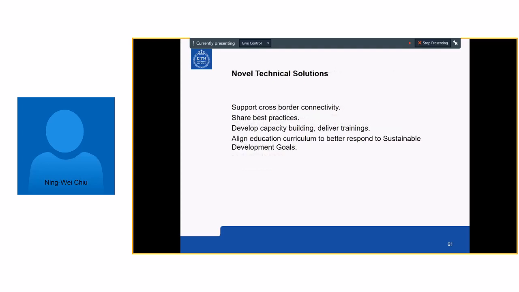For novel technology solutions, it is important to share the best practices and develop trainings. Education and trainings are some of the things that we are doing right now, actually. And very often we also talk about the community of inquiry, COI. You can check that out.